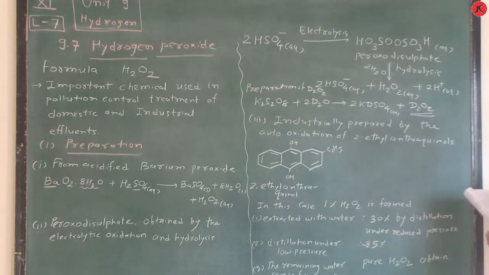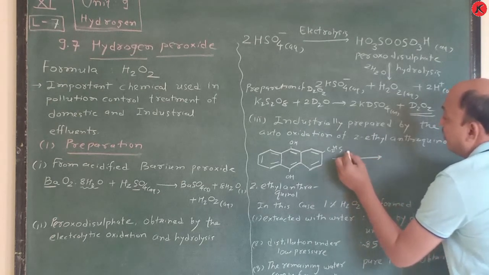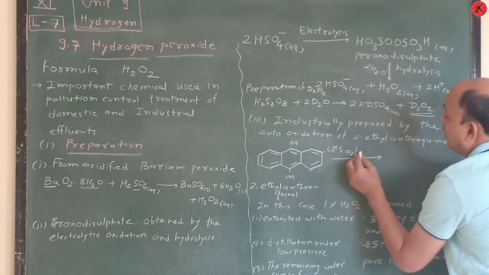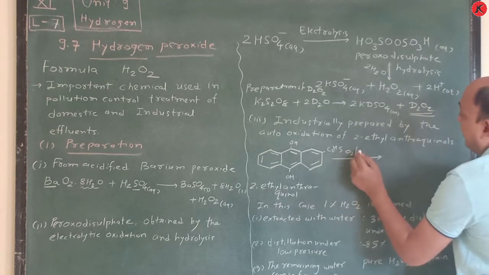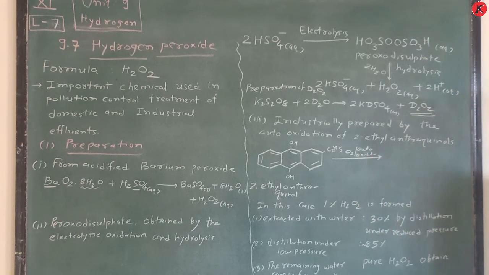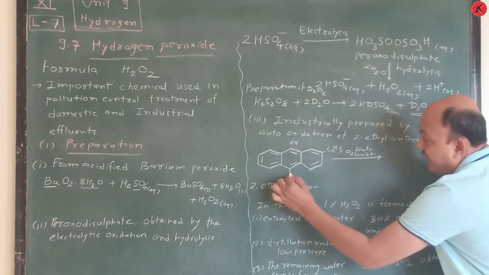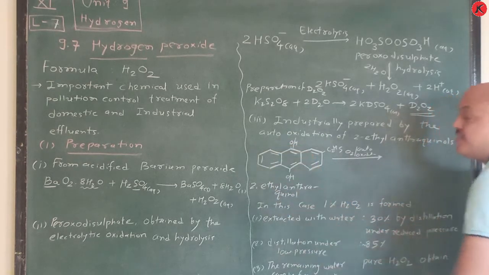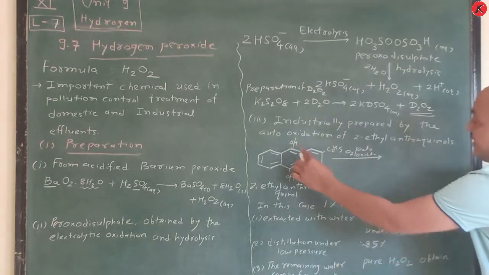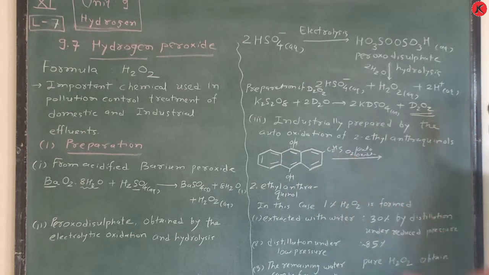This undergoes auto oxidation, that means with O2. At that time O2 is added, and H plus is replaced. H plus is a good leaving group and O2 is there.